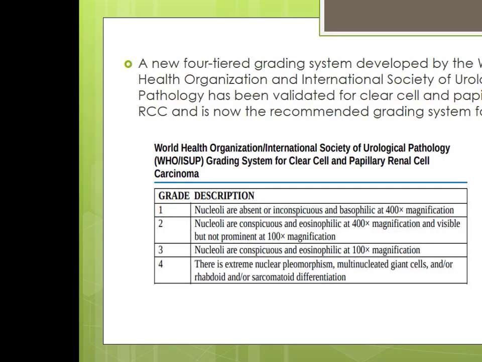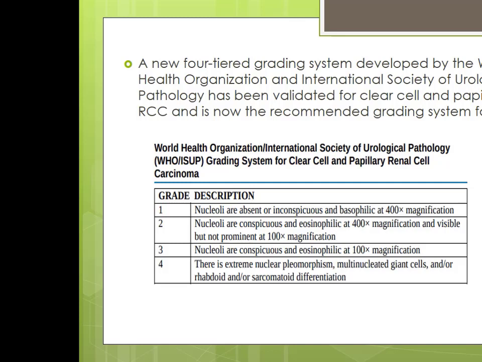This is the new classification of RCC on the basis of histopathology, and it is proposed by WHO and the ISUP, International Society of Urological Pathology, and has been validated for clear cell and papillary RCC and is the recommended grading system for the RCC. This also divides into 4 grades.